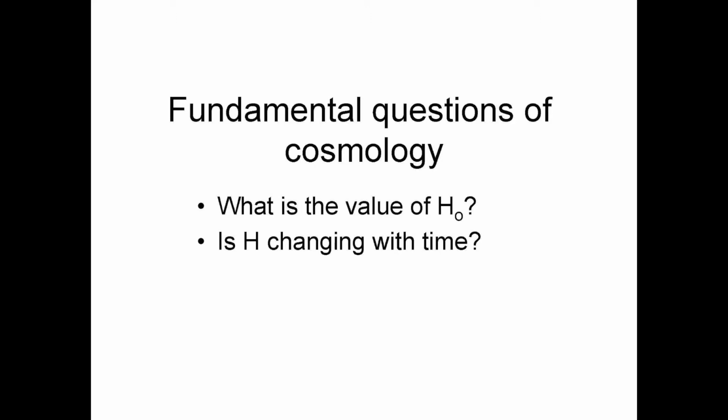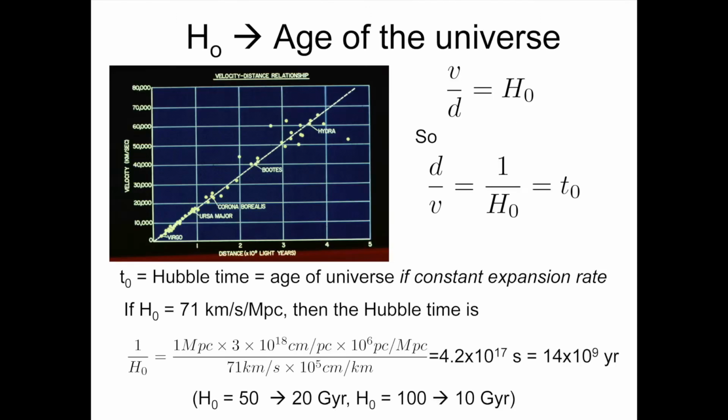The velocity divided by distance is the Hubble constant, so we can invert that and say that the distance divided by the velocity is 1 over the Hubble constant, which is a time, because the units here on the y-axis are kilometers per second, on the x-axis they're distance, and so we have a distance divided by a time divided by a distance. So 1 over the Hubble constant is a time.